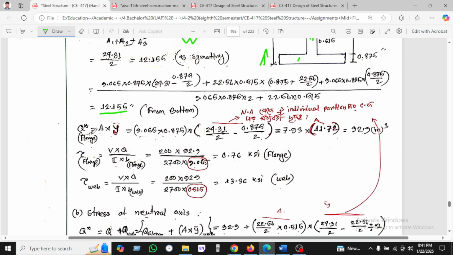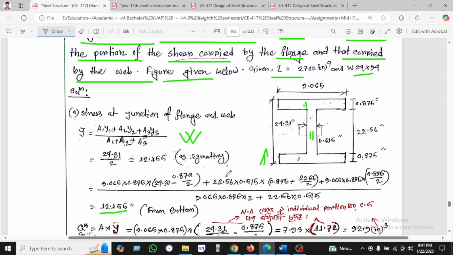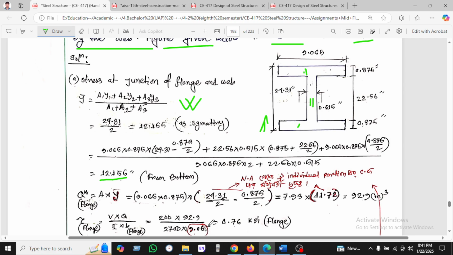And Qx star for the flange is A1 times y bar. The y bar we have taken is 24, the total depth, minus 0.875 for the flange, divided by 2. So these are the y star bars we are taking here.